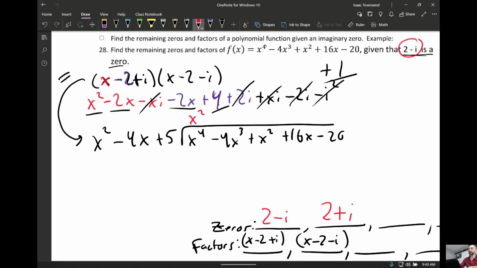It looks like x squared would be the first part. X squared times x squared gives you x to the 4th. Then distribute it to this one. Then distribute it to this one. Change all of the signs and add.